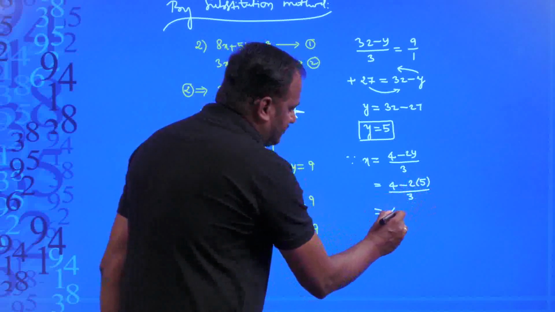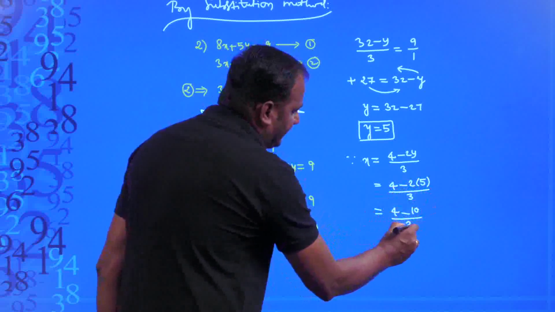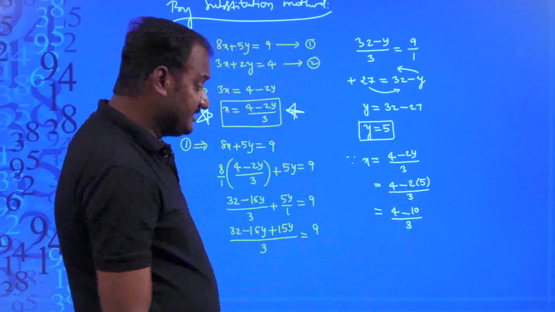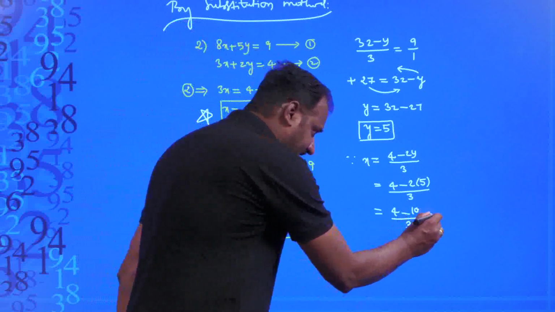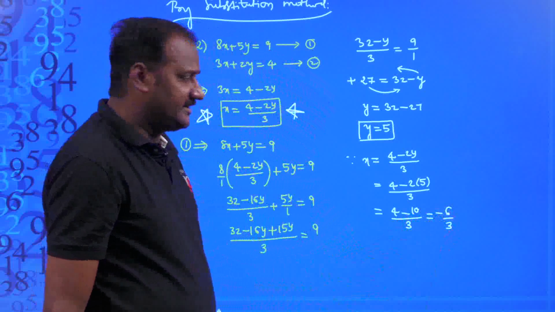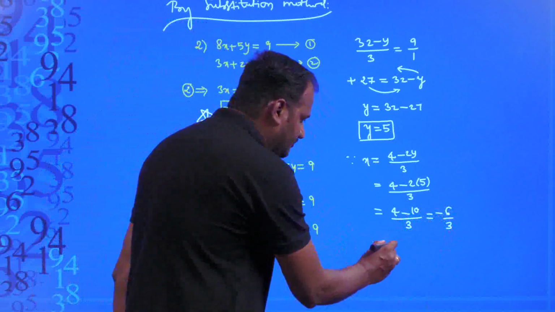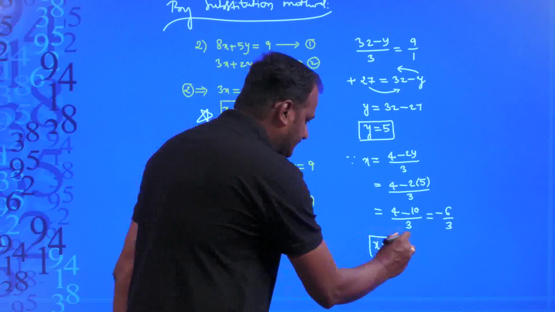That is 4 minus 10 divided by 3. What is 4 minus 10? It is minus 6. So, minus 6 divided by 3, which is equal to minus 2. Therefore, the value of x is going to be minus 2, right.